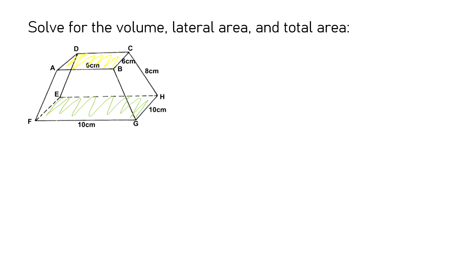This would mean that edge of the bigger base is 10 centimeters, edge of the smaller base is 6 centimeters. And 8 centimeters here actually stands for the slant height and not the height.